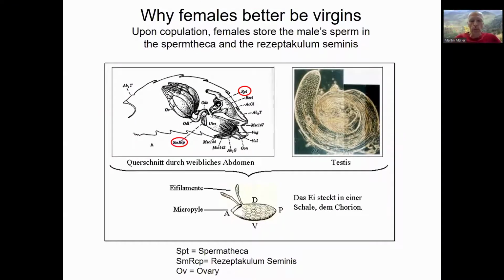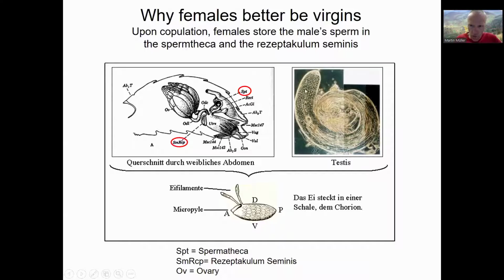When males and females in flies copulate, the male sperm is stored in two organs, here in the spermatheca and in the receptaculum seminis.